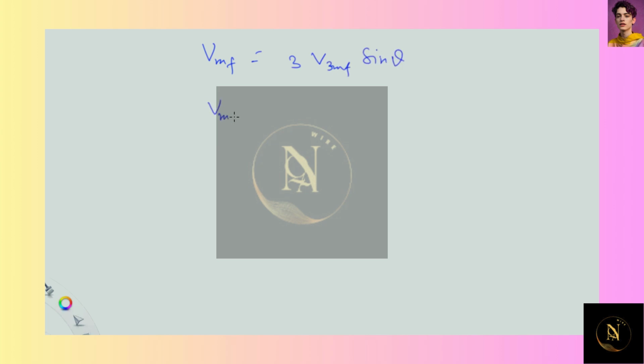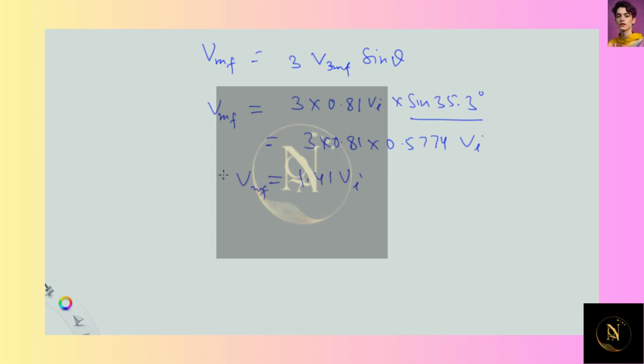So this vmf, the final speed achieved by the particle of mass m, comes out to be 3 times v3mf, which is 0.81 vi, into sine of 35.3 degrees. So this is 3 into 0.81 into, for sine 35.3 degrees, 0.5774 into vi. So finally it comes out to be 1.41 times vi. So this is the last answer for the given problem.